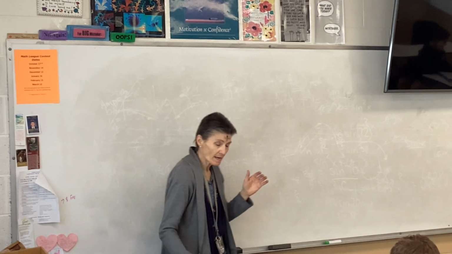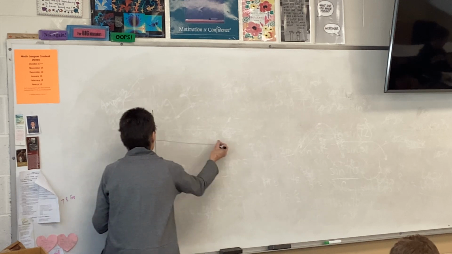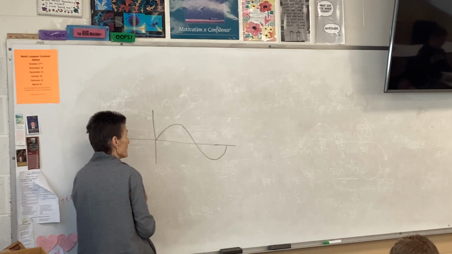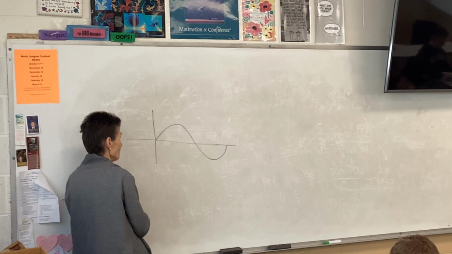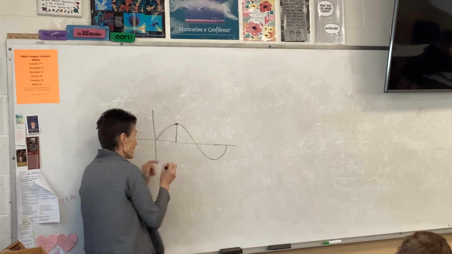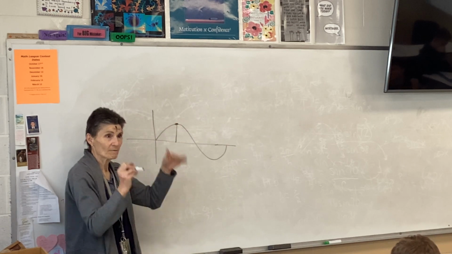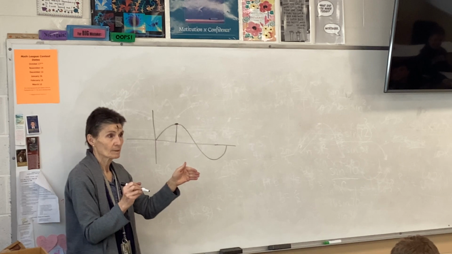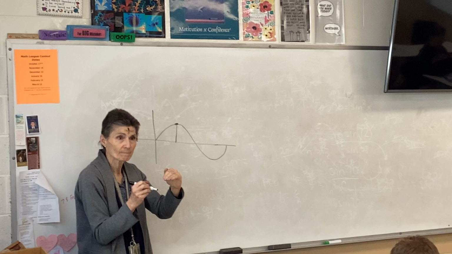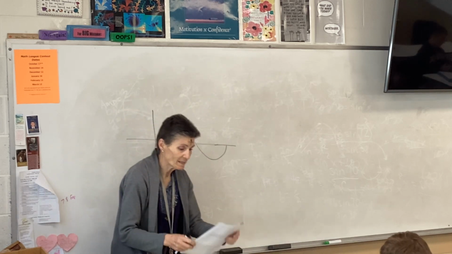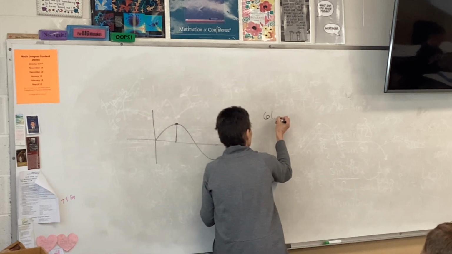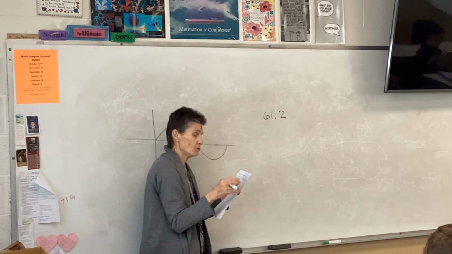And in a sine situation, isn't the maximum just going to be located an amplitude above the midline? And a minimum the same thing, only it's an amplitude below the midline? So where is the midline in this problem? 61.2. What is the amplitude of the problem?